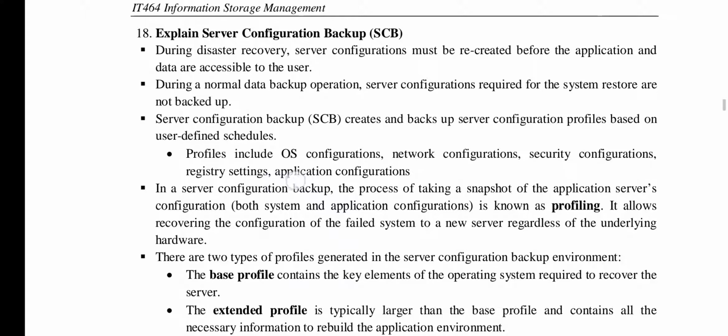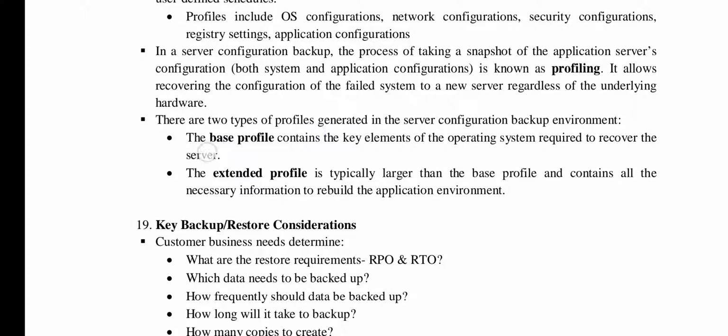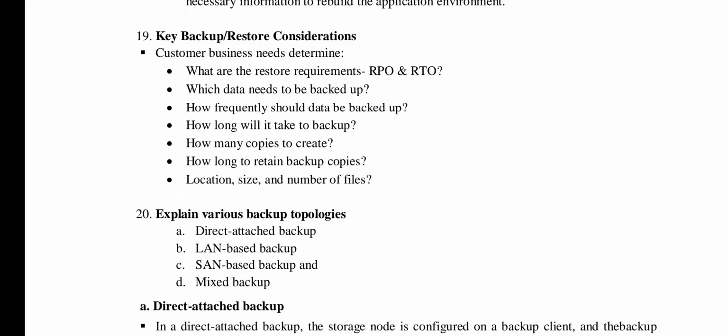The profiles include OS config, network config, security configs, etc. Mainly there are two types of profiles: the base profile, which contains the elements of the operating system required to recover, and the extended profile, which is larger than the base profile and contains all the necessary information to rebuild the application environment.